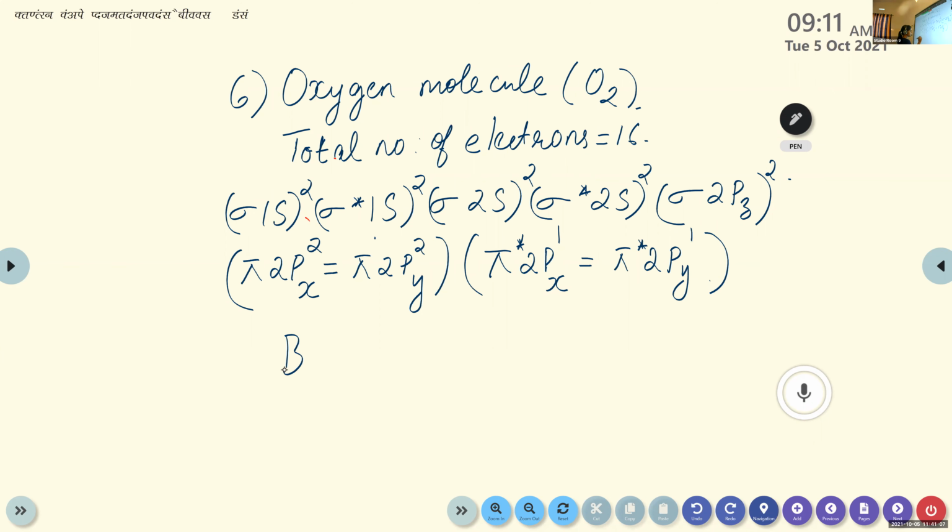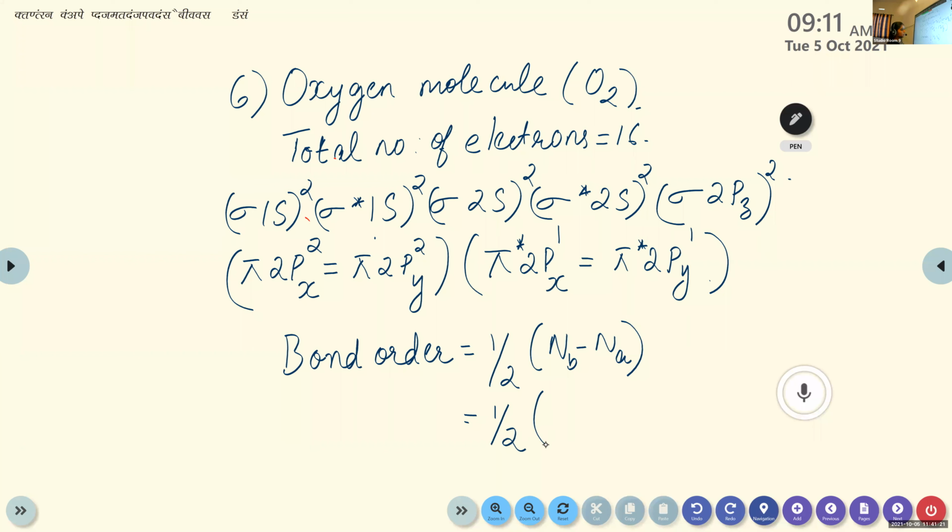The next one is bond order. Bond order is equal to half into Nb minus Na. What about the total number of electrons in bonding molecular orbitals? 10, right?